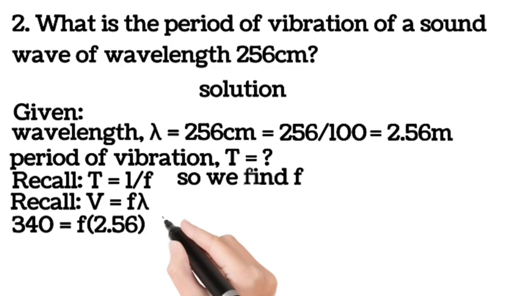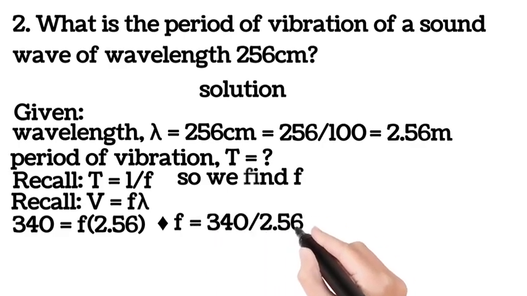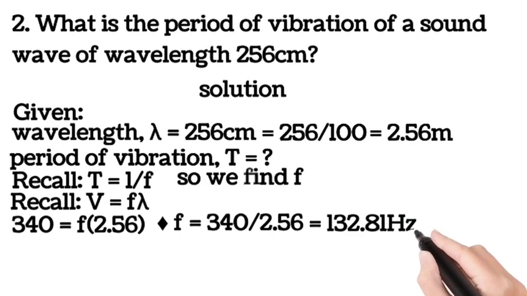In order to make F the subject of the formula, we divide both sides by 2.56. And we have F equals 340 divided by 2.56, which will give us 132.81 hertz. Remember, this is frequency, so it's measured in hertz.